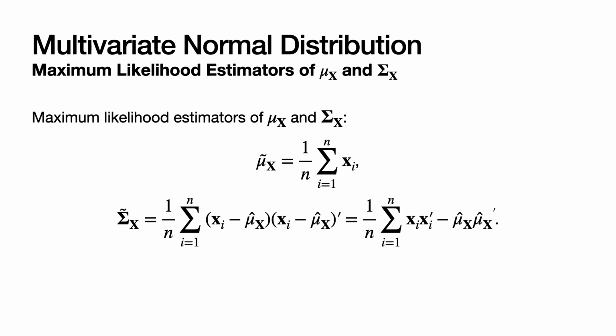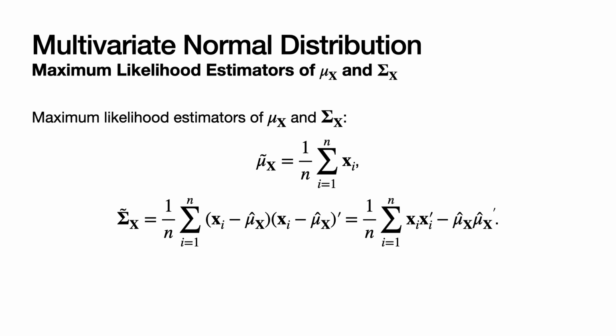The maximum likelihood estimator of sigma sub x is sigma tilde sub x, equal to 1 over n times the sum, i going from 1 to n, of the quantity x sub i minus mu hat sub x. And again, that mu hat, well, I'm getting a little ahead of myself. That's going to be the same as mu tilde, the MLE of mu sub x.